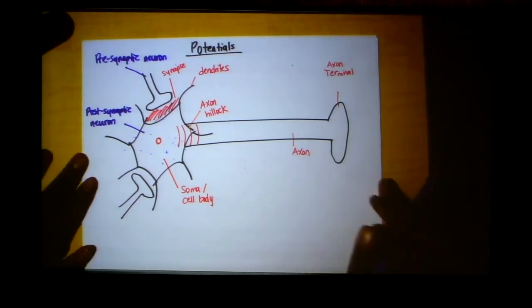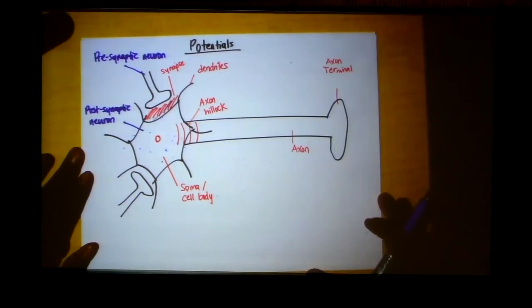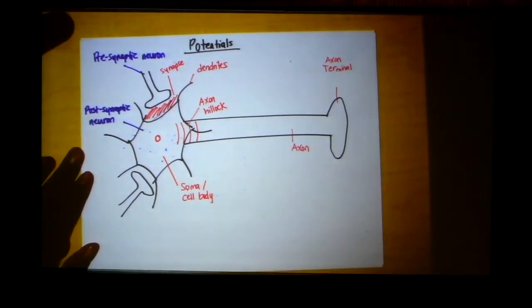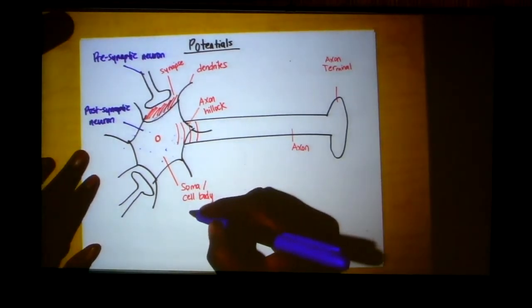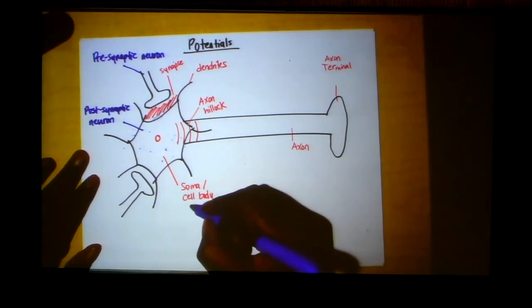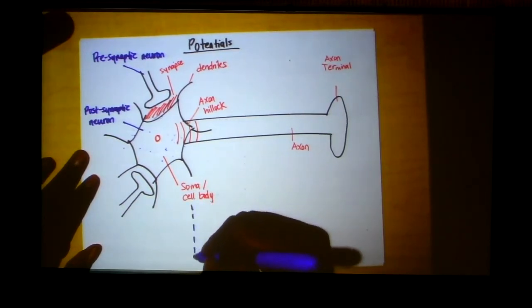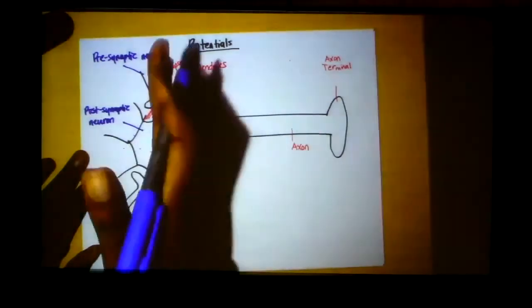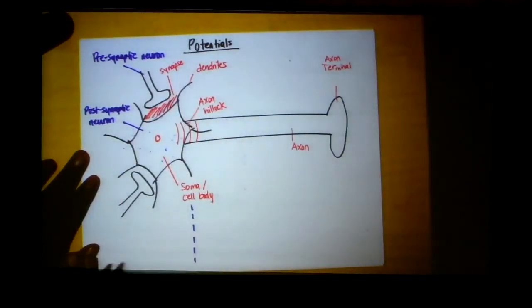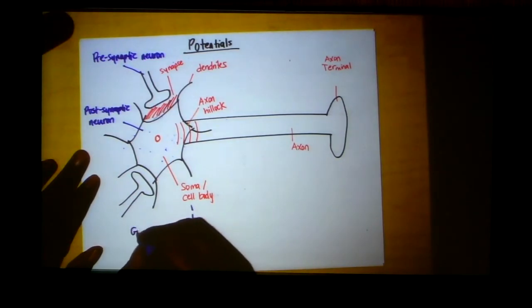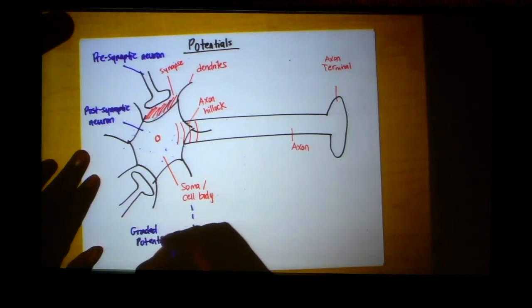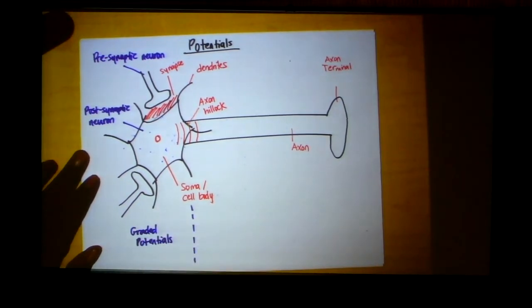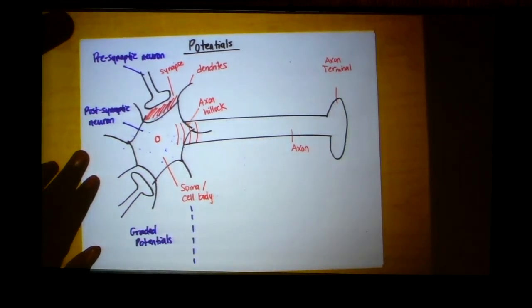Let's speak about the different types of potentials here. Let's sort of isolate where along the neuron they take place. So again, looking here at the axon hillock as this area of demarcation, before the axon hillock, we have graded potentials. Okay, and we'll speak about what classifies a potential as being graded.